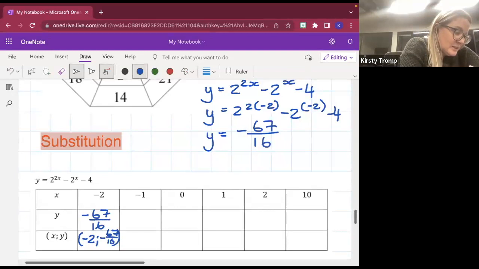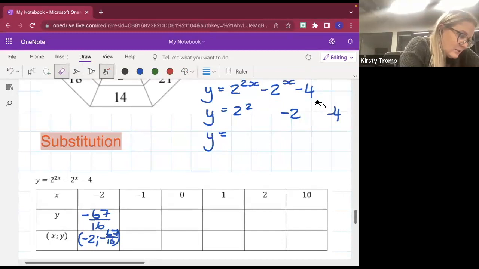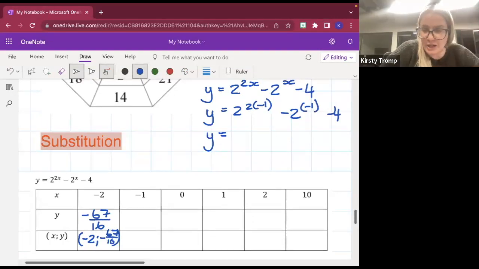Okay, next one. My next one, I'm going to go cheat a little bit here for you guys. Instead of seeing negative 2 this time, I'm going to go see negative 1. So go change that and put it on your calculator. Instead of seeing x, I'm going to see negative 1.